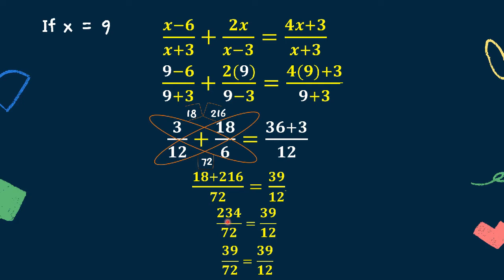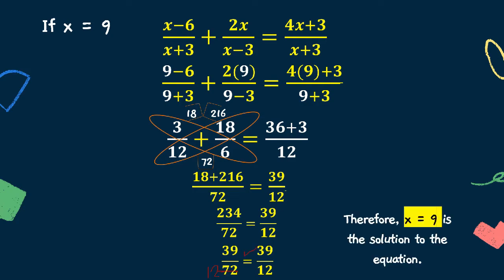So 234 divided by 6 is 39, and 72 divided by 6 is 12. Okay, so 39 over 12 and 39 over 12, they are both equal.